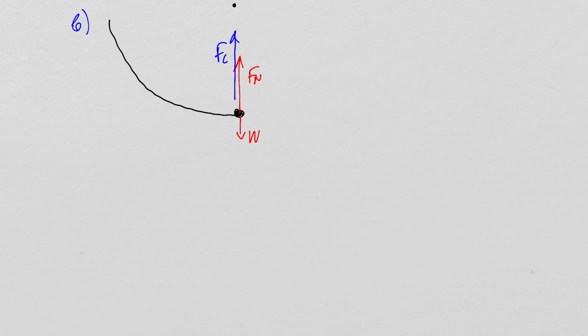So the net force in y direction is also the centripetal force, and this is equal to the normal force minus the weight. And now the centripetal force, of course, also equal to the mass of the boy and skateboard times the centripetal acceleration.